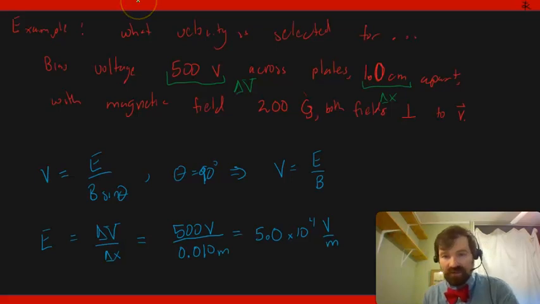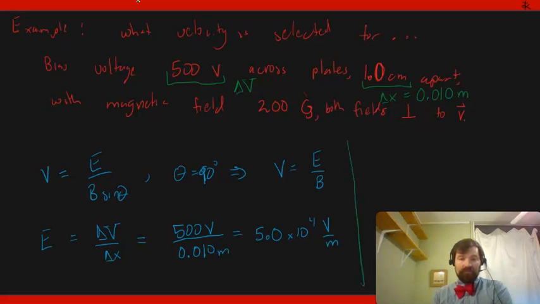Of course, this right here has to be converted over into meters from centimeters. That step I just kind of did. The other thing is that we're given a B field, B of 200 Gauss, but you need that in Teslas. So that becomes 2.0 times 10 to the minus 2 Tesla. Remember that it's 10,000 Gauss to a Tesla.